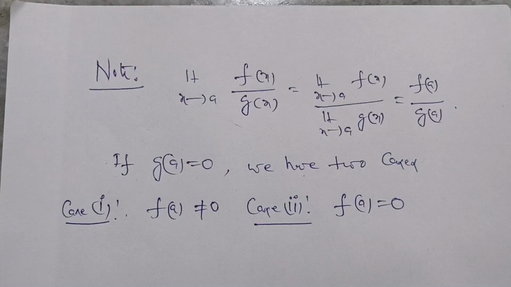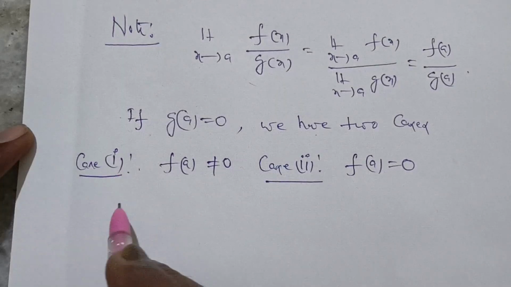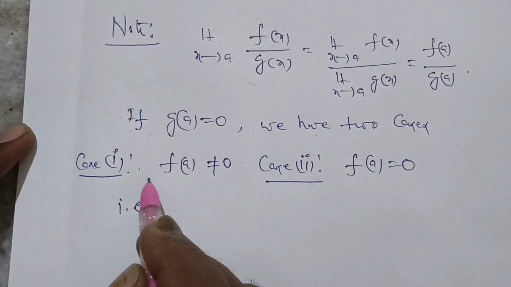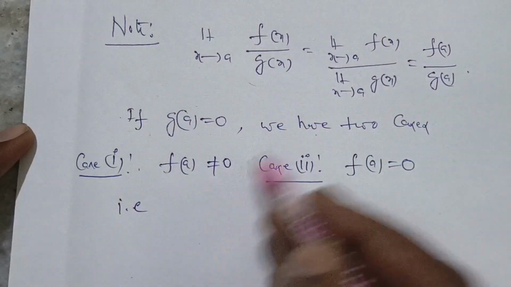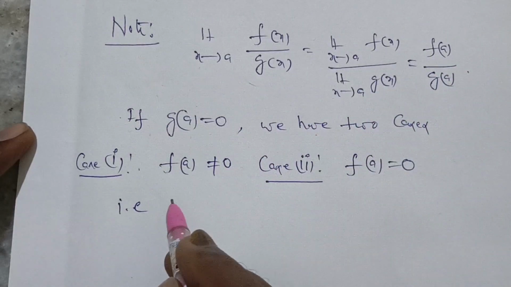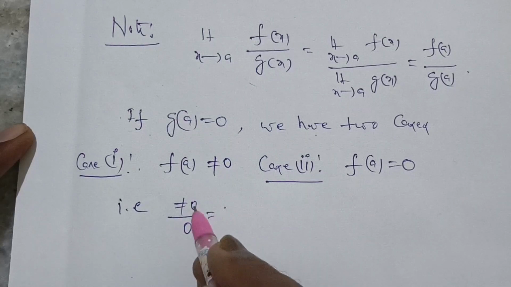So along with the denominator g of a equals 0, we have two cases, f of a not equals 0 and f of a equals 0. For case 1, f of a not equals 0 and g of a equals 0, it is of the form non-zero by 0 form.